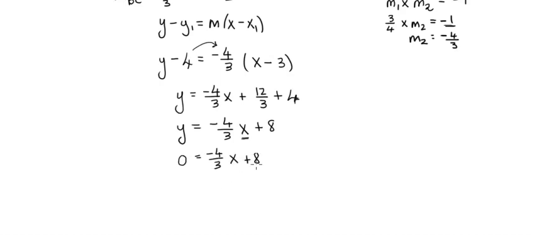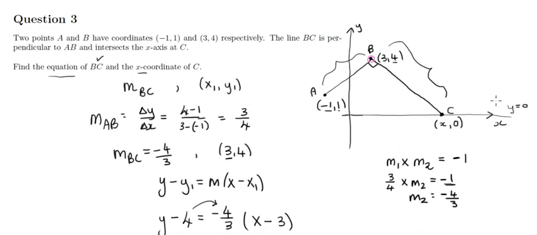And now we get x by itself. We can subtract 8 from both sides. And then we can divide -8 by -4 over 3 to get x is equal to 6. So this coordinate here is (6, 0). And that's the end of the question.